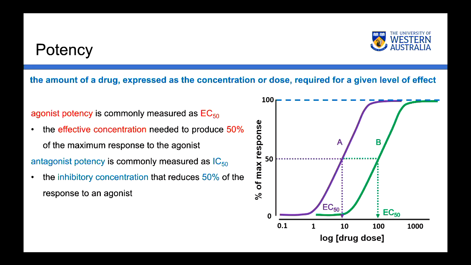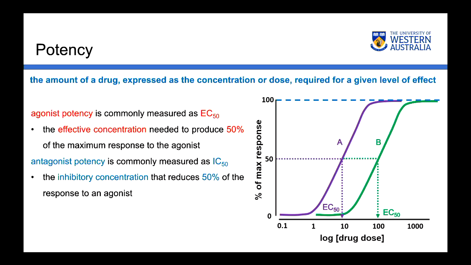Now, antagonist potency can also be measured. This is commonly measured as IC50, the inhibitory concentration required to reduce 50% of the response to an agonist.